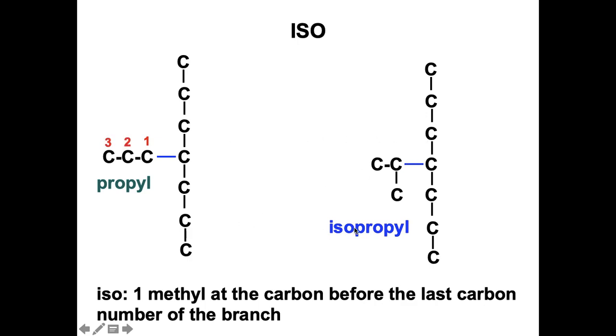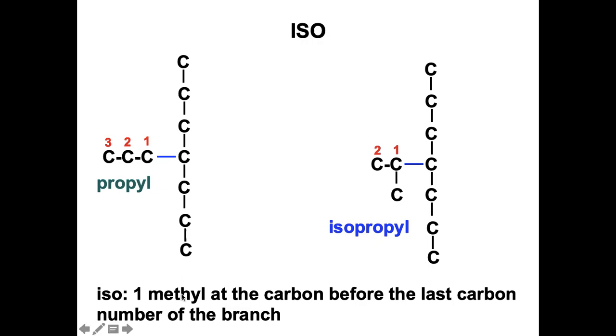And iso, you have to know that iso is 1 methyl at the carbon before the last carbon number of the branch. So here you have carbon number 1, carbon number 2. Your last carbon number of the branch is carbon number 2, so the carbon before is carbon number 1.